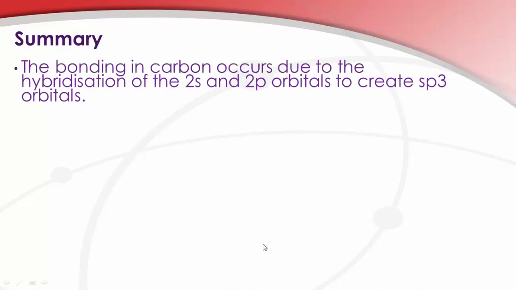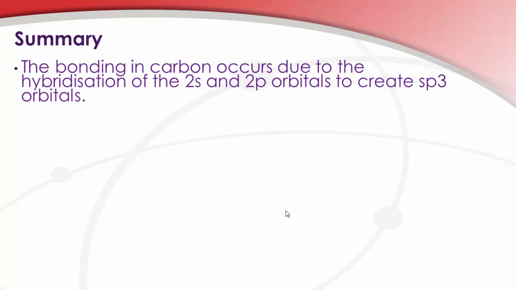So to summarize then, we've gone through a tremendous amount of information. We need to realize that the bonding in carbon occurs the way it does due to hybridization of 2s and 2p orbitals to create sp3 orbitals. So when we say sp3 then, it means we have 4 locations for electrons to bond, to pair.